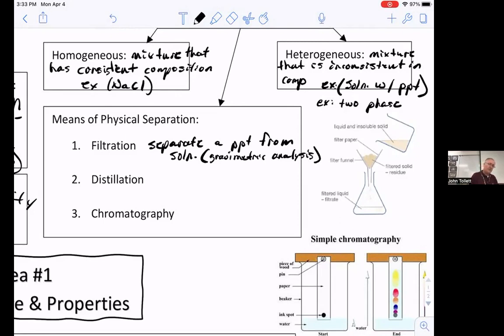Distillation is used to separate mixtures of liquids by their boiling point. So this would be separation by boiling point, and that would be, of course, liquids.